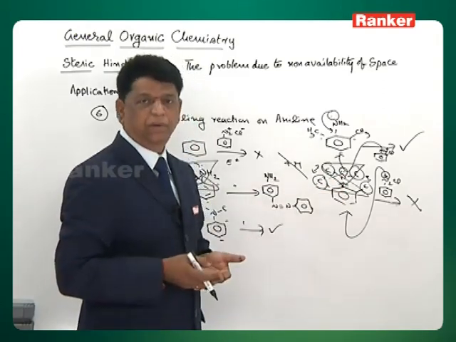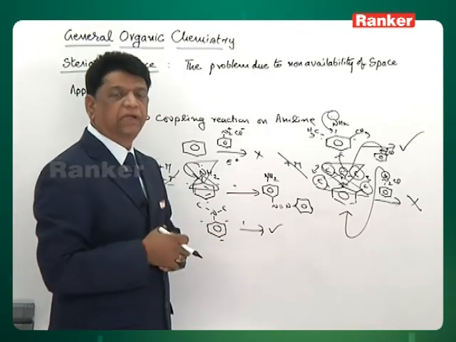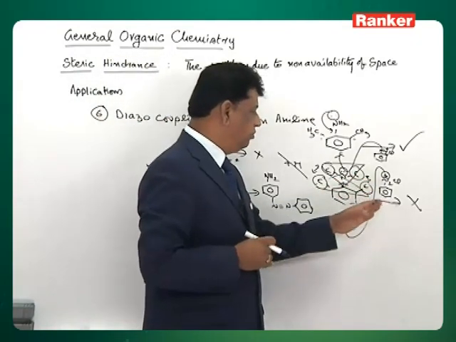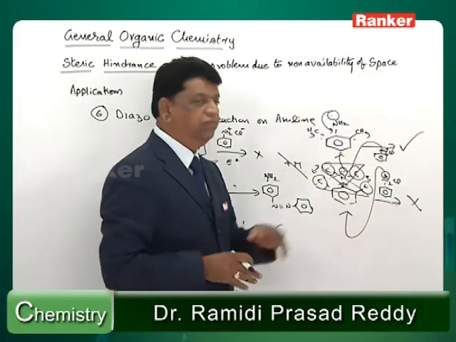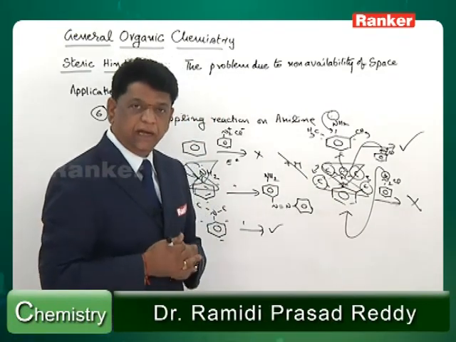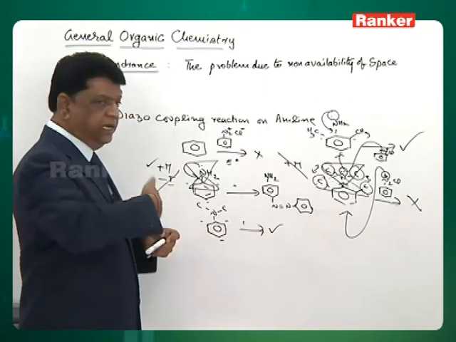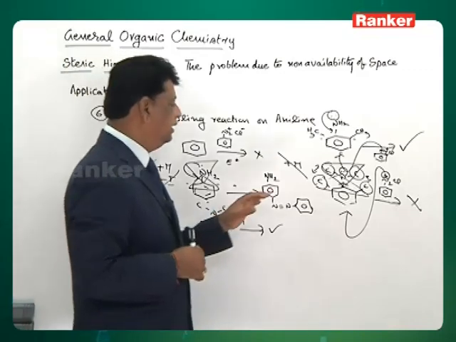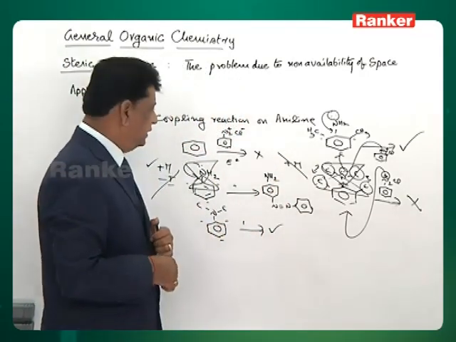When there is no pi bond formation, there is no plus M effect, and consequently ring activation does not take place, and this poor electrophile cannot attack the benzene. Under that condition, therefore, the diazo coupling reaction is not taking place. The explanation is somewhat indirect and a little complicated, but this is one of the excellent applications of steric hindrance. Thank you.